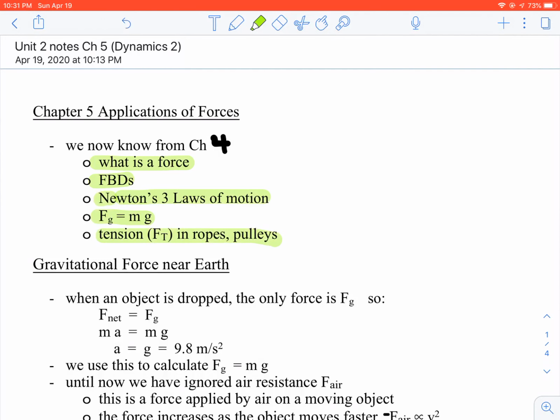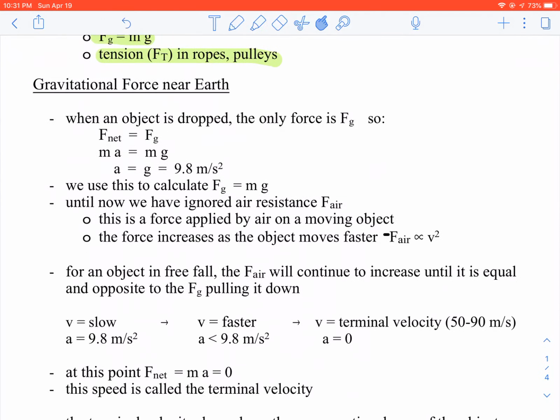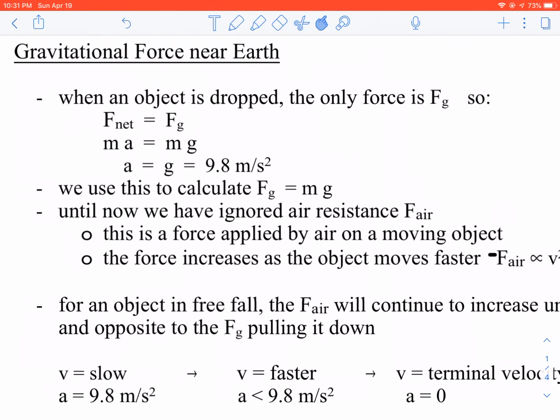Now, when we talk about gravitational force near the planet, if I have an object that has been dropped, this object here is falling through the air, and the only force that's being applied to it is Fg.